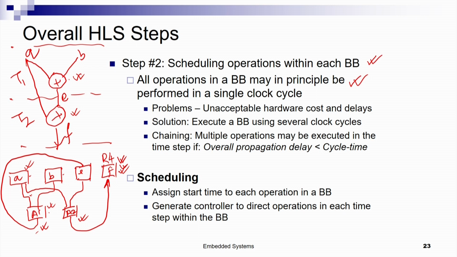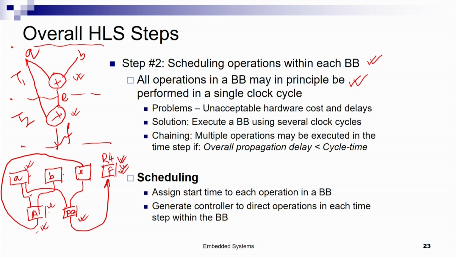We have waited for a time duration which is more than the cumulative delays of the registers and the functional units and muxes and demuxes which come in the data path processing.